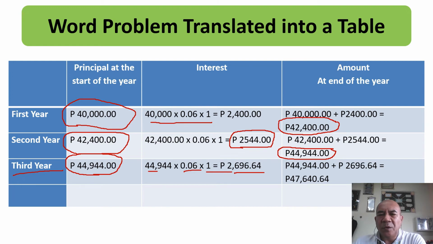So to solve for the future value, you're going to add the interest to the principal, which is 44,944 plus 2,696.64, which is equivalent to 47,640.64. So this is now your final value after third year of investing or depositing your money. Okay?